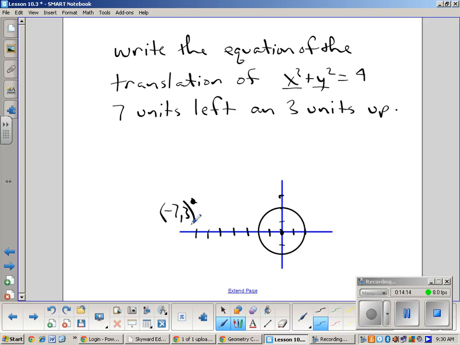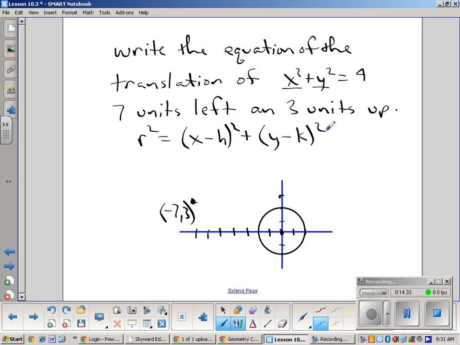And you just plug those into the model, which was r squared equals x minus h squared plus y minus k squared. Then -7 goes in the place of h.